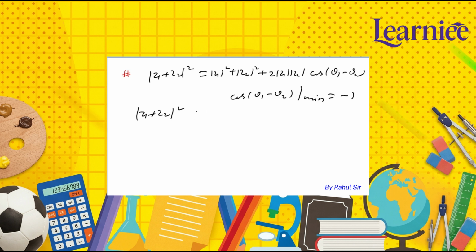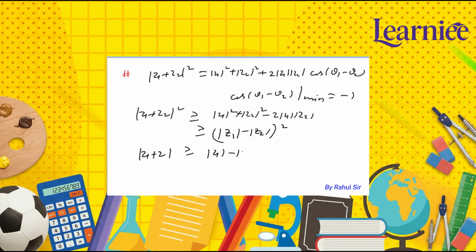Minimum value means it's greater than or equal to |z1| squared plus |z2| squared minus 2|z1||z2|, that is nothing but (|z1| minus |z2|) squared. So taking the modulus on both sides, |z1 plus z2| is always greater than or equal to ||z1| minus |z2||.